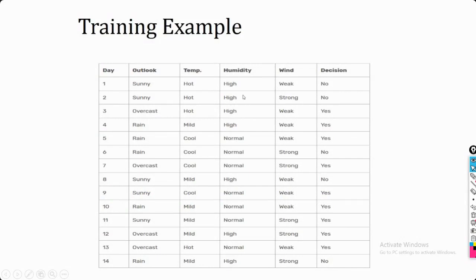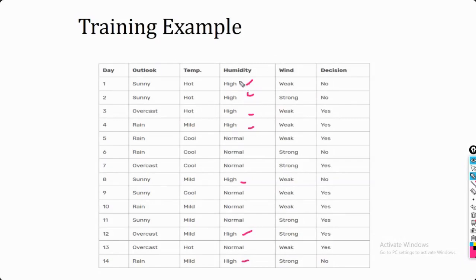For your high, how many values are we having? It's 1, 2, 3, 4, 5, 6, 7 high. The rest are your normal, because we are having only two values. So if 7 is your high, then 7 is going to be your normal one.